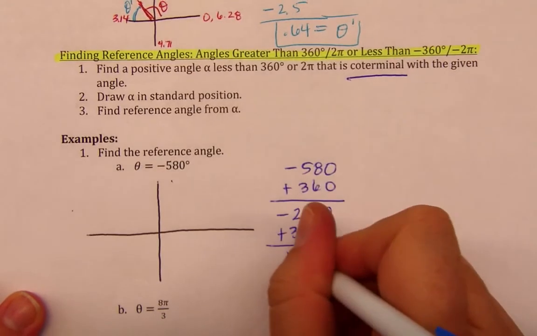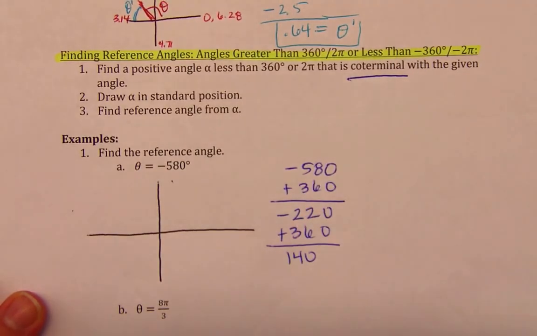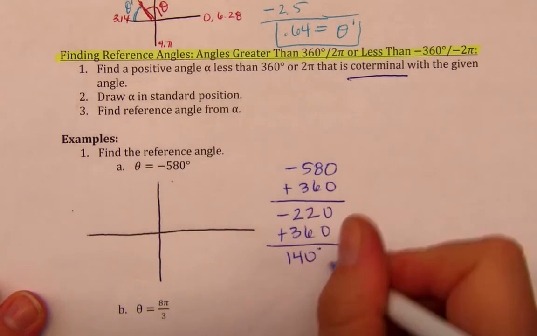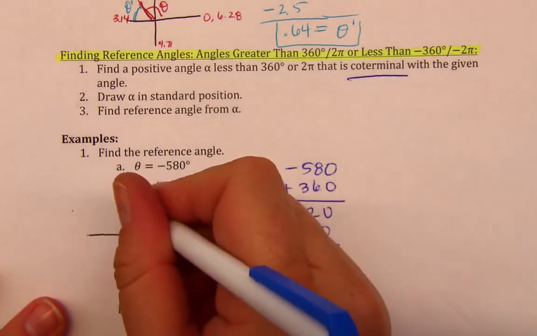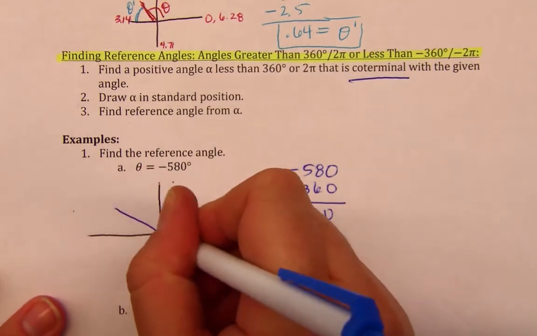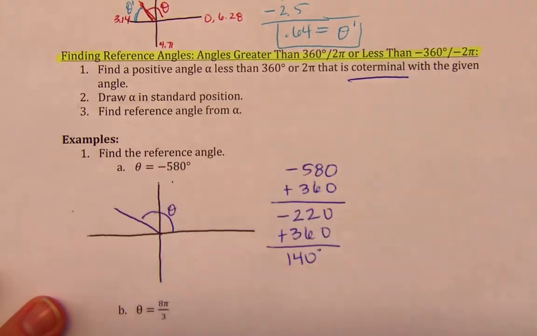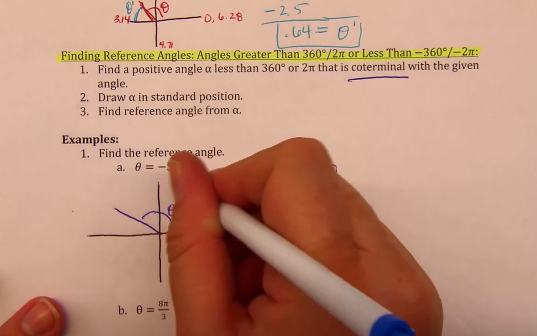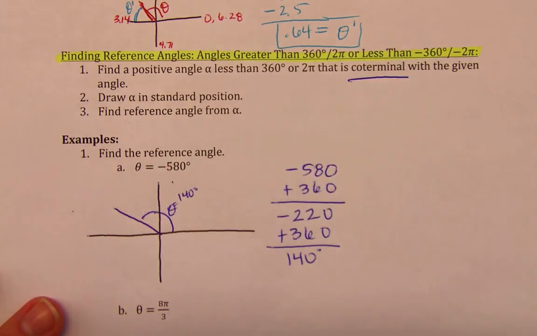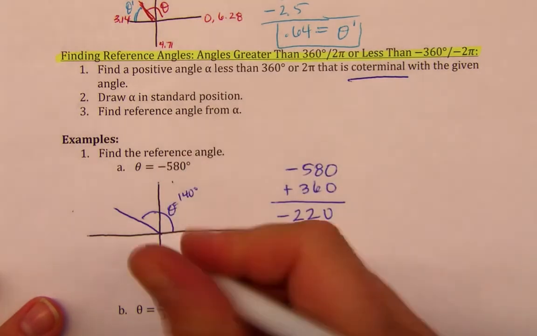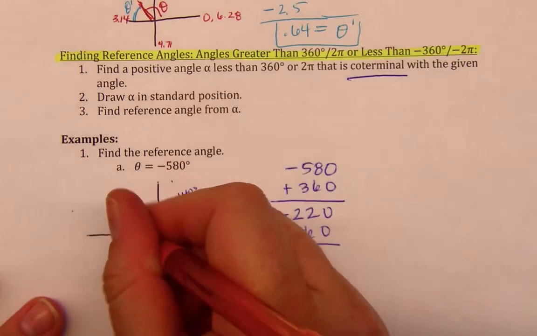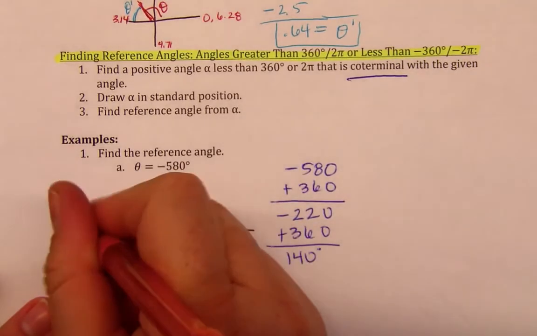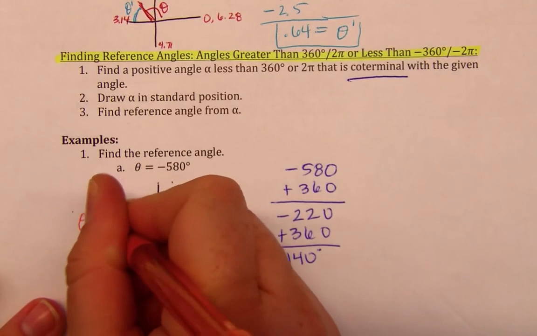And we end up with 140. Okay, so that's a coterminal angle. So that would end up being about right here. Okay, that's 140. And then what we can do is find our reference angle. And our reference angle will be 40 degrees.